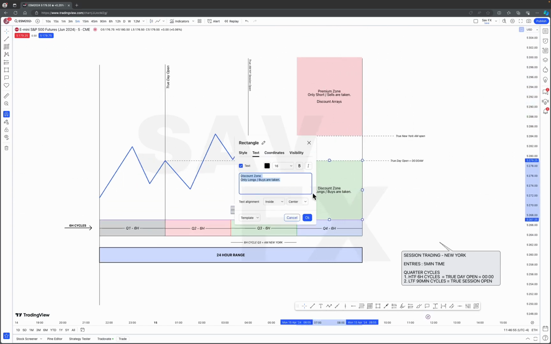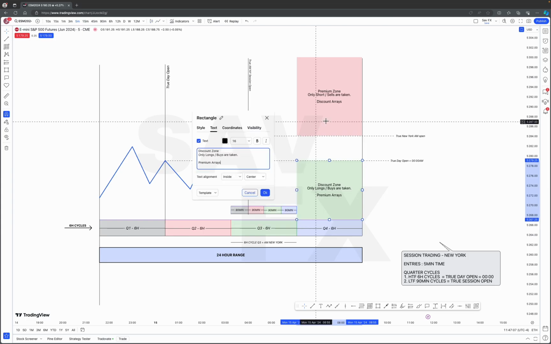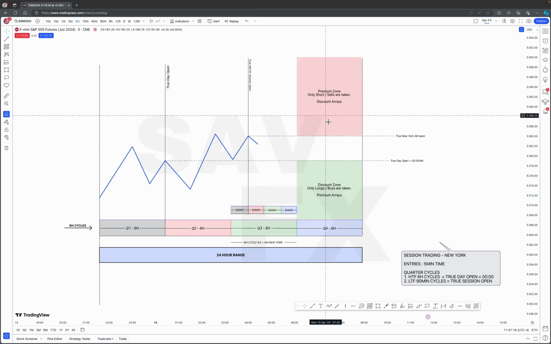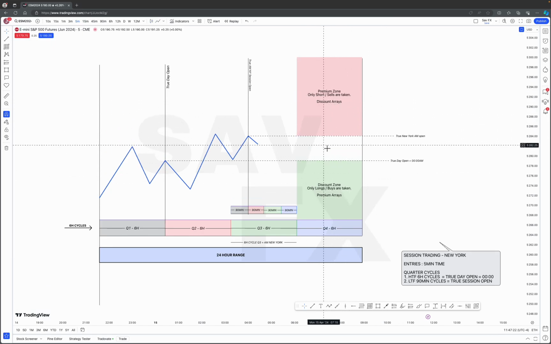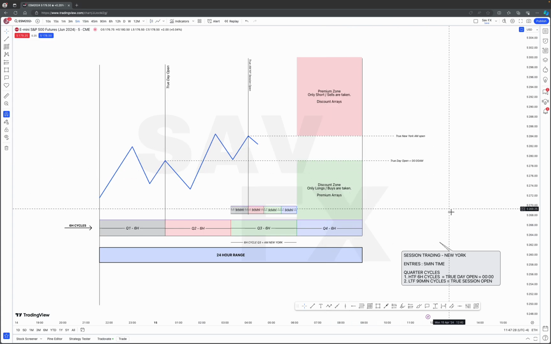Within this range, premium arrays will support price, but they form within a discount. Does it make sense? Everything forms within a discount. So those are ideally the PD arrays that you can trust, knowing where they should be forming, right? So hopefully this simple explanation makes sense so far, right?